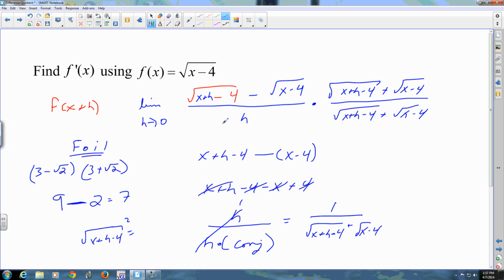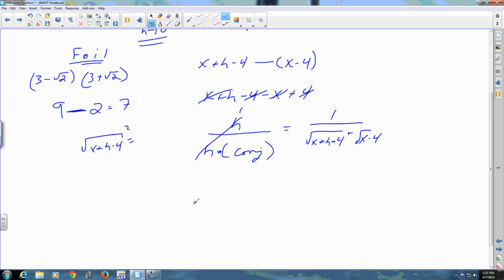Now, you're at the point where I need to take the limit as h goes to 0. So I need to take the limit as h goes to 0 of 1 over the square root of x plus h minus 4, plus the square root of x minus 4.